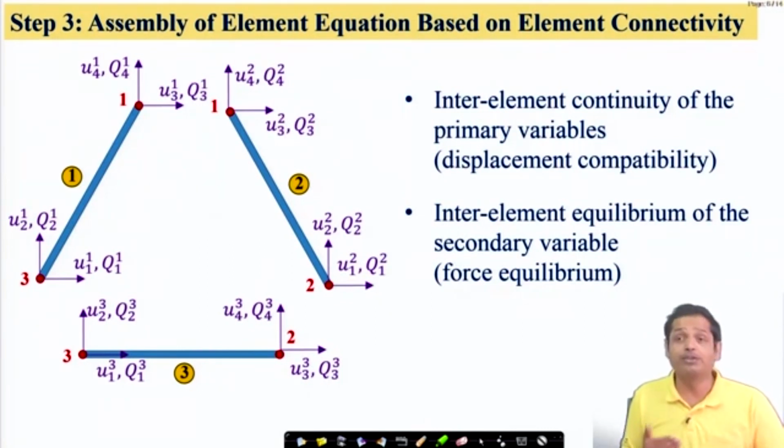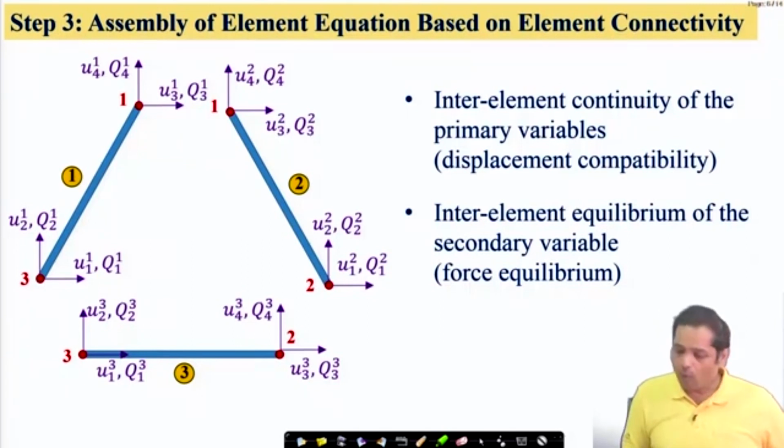These two criteria are so fundamental. The equilibrium needs to be satisfied and the compatibility needs to be satisfied. Compatibility within the element is already satisfied, because that is how you define the variation of the field variable over an element through a shape function. But now it is the time to maintain connectivity, compatibility and equilibrium between two elements.